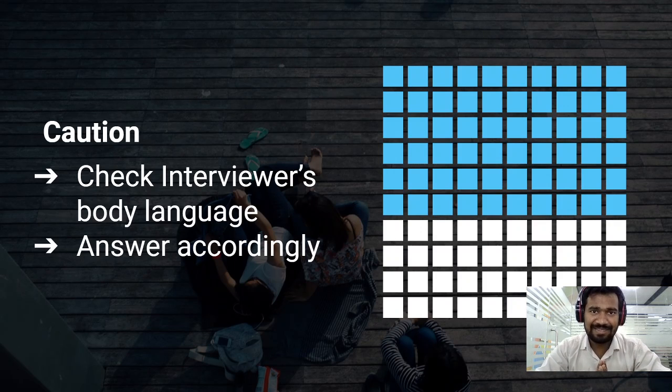This is a very important part of self introduction. Whenever the interviewer asks any question, you need to understand the body language of the interviewer. Suppose the interviewer is looking at the resume like this and he's saying, okay, so Mr. Rahul, tell me something about yourself.